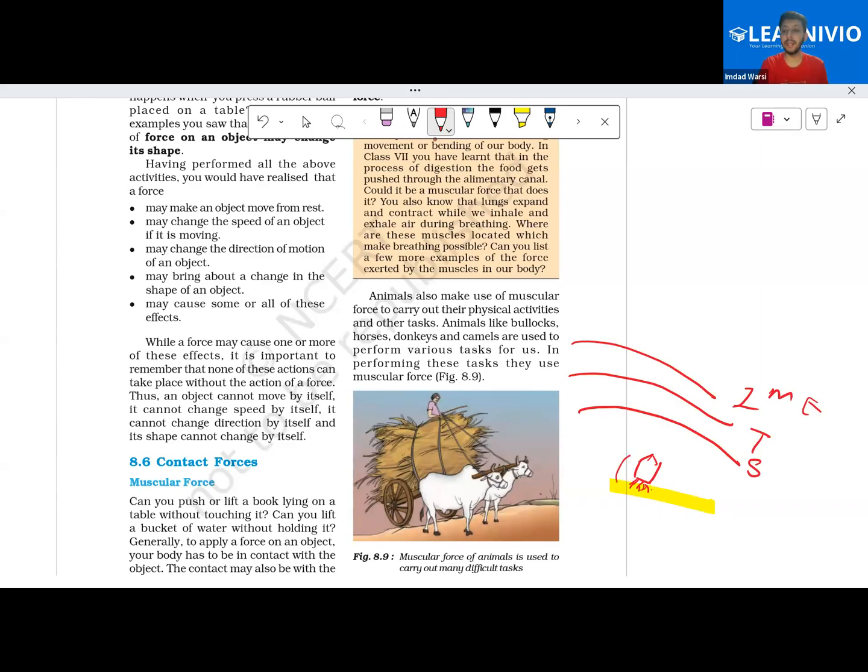There is a range up to which gravity acts, only up to a certain range. That is why you must have seen there is a lot of fire below the rocket. It uses fuel to reach up to that position.